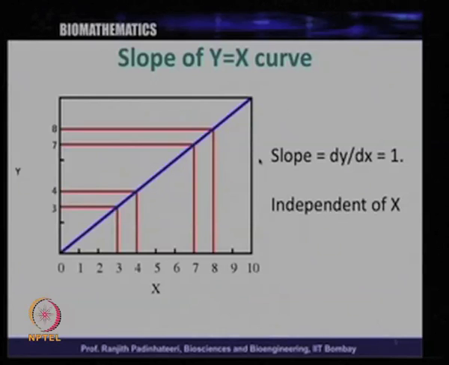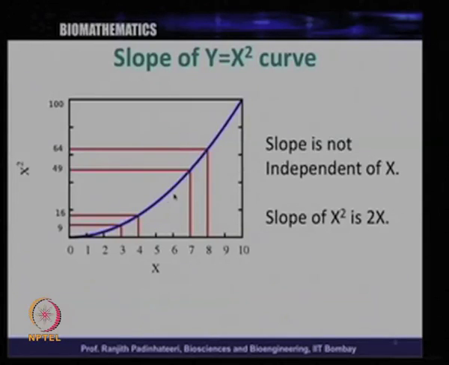But if you take another curve like y equal to x square, which is not a straight line, which is a curved function, you will see that if you take between 3 and 4, you will get one answer, and when you take between 7 and 8, you will get a different slope. So the slope here is different from the slope here, which is different from the slope here.